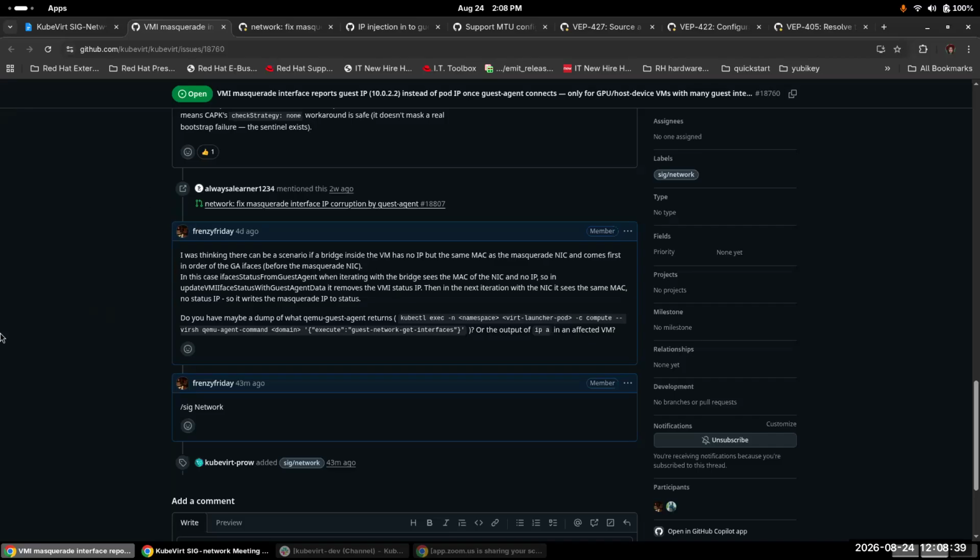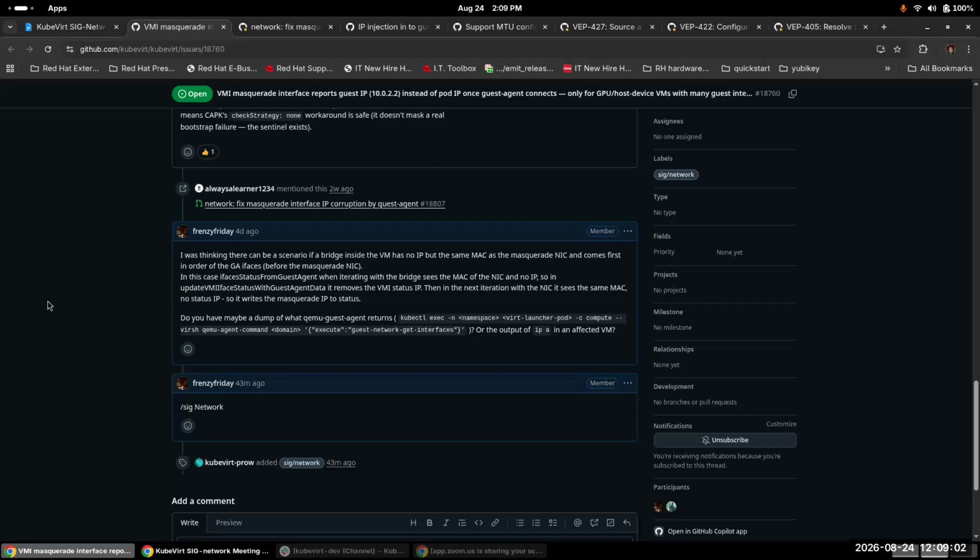So there's a place where we are iterating over the interfaces that the guest agent has sent in netstat, I think, and we are forming the status. So it looks up the interface by MAC and it tries to find a matching interface from the VMI status. If it finds something matching, it will override the IP.